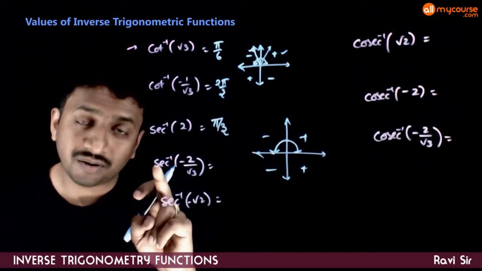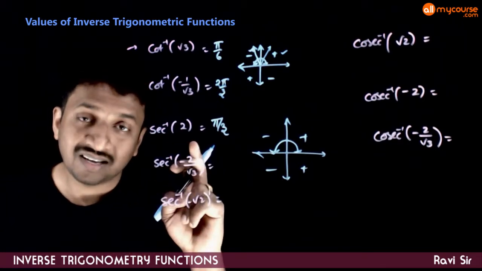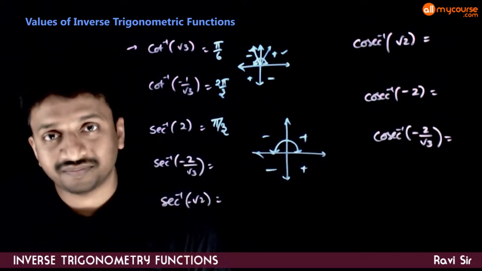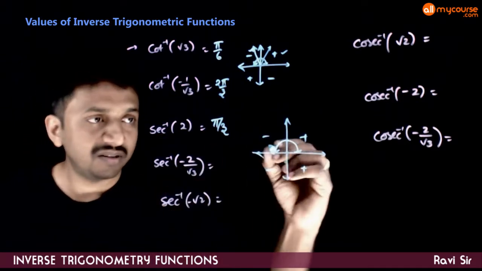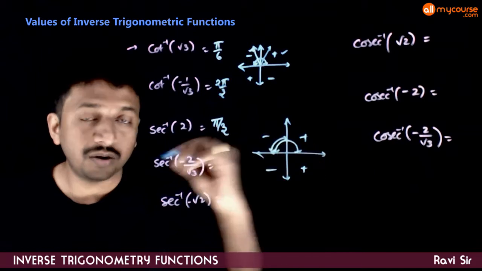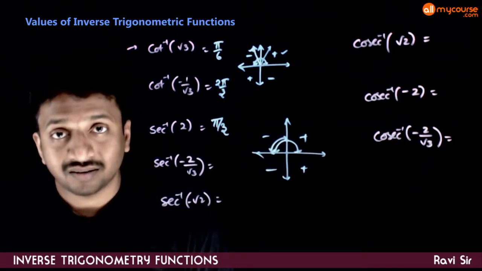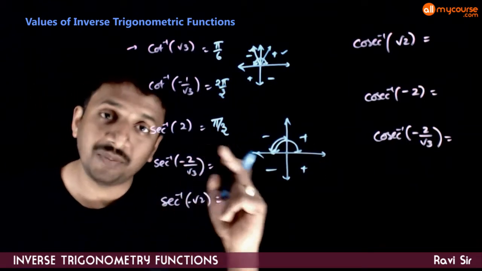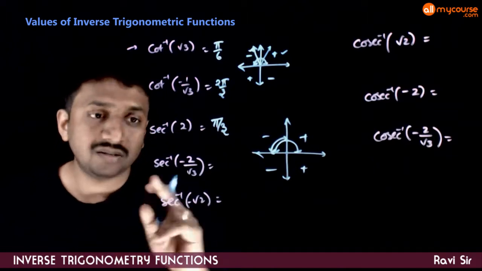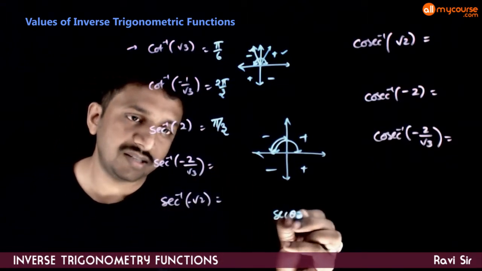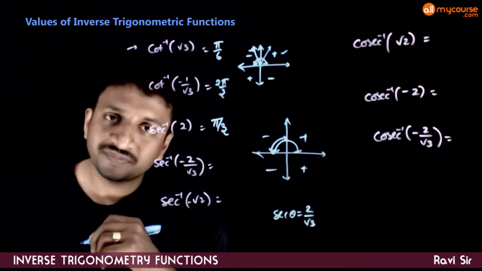For what value of theta is secant minus 2 by root 3? It is a negative number, so you want to go to the second quadrant. First find the allied position in the first quadrant. For what value of theta is secant theta 2 by root 3?